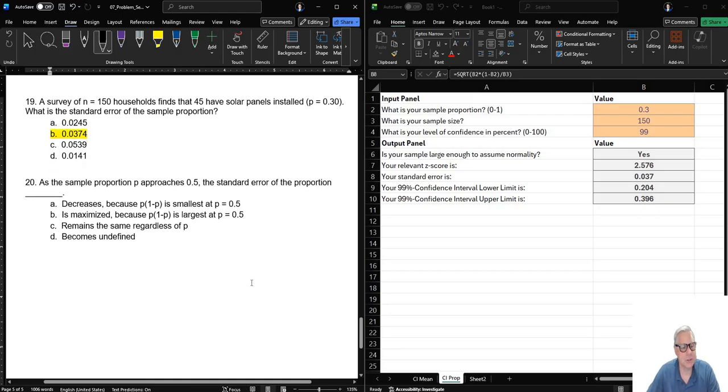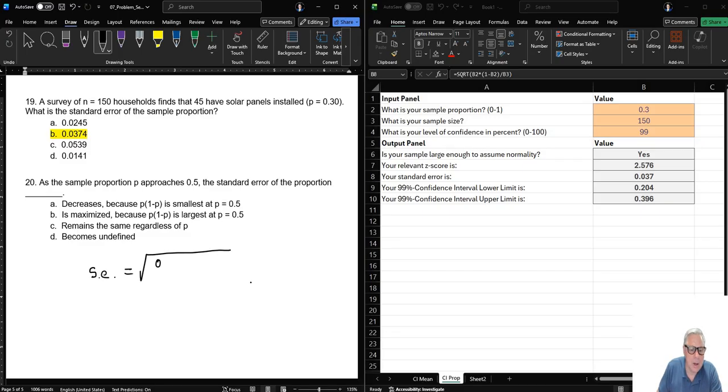Okay, so last question. As the sample proportion p approaches 0.5, the standard error of the proportion... Again, the standard error is the square root of the success probability p times the failure probability 1 minus p, over n. If it were 0.1 and 0.9, we get 0.09.